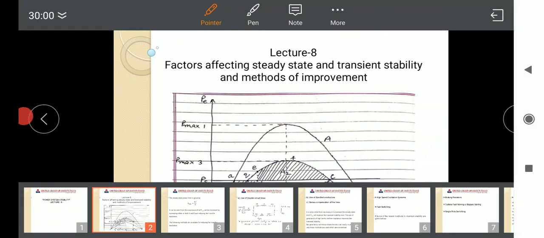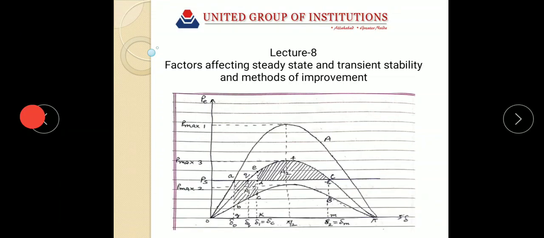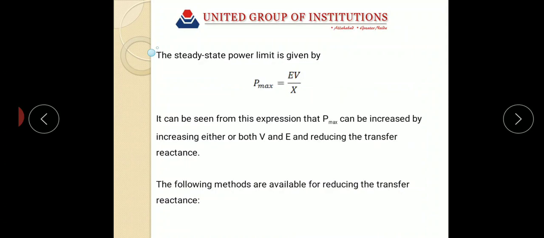This means that by increasing Pmax, the rotor can swing through a larger angle from its original position before it reaches the critical clearing angle. Thus, raising the value of Pmax increases the critical clearing time and also improves the stability. So, very important line: raising the value of Pmax increases the critical clearing time and improves the stability.